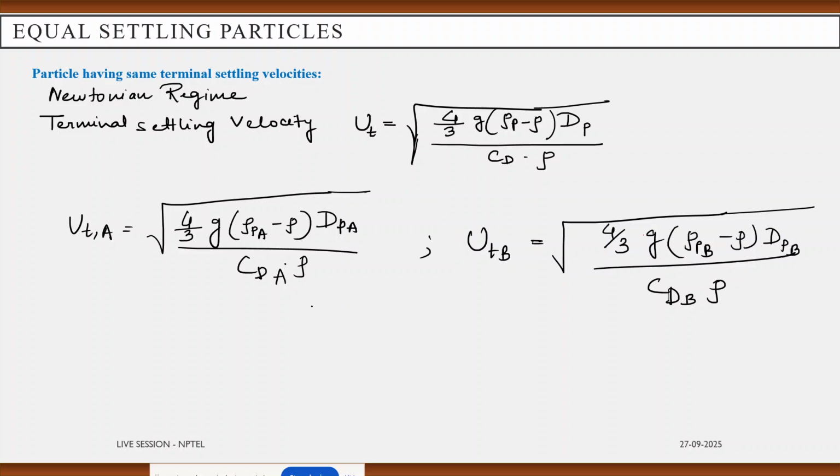So now we have the case where they have the same terminal settling velocity. If you equate these two, what will be the case?